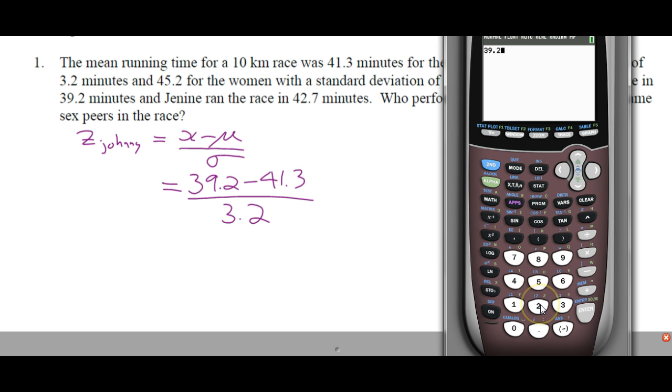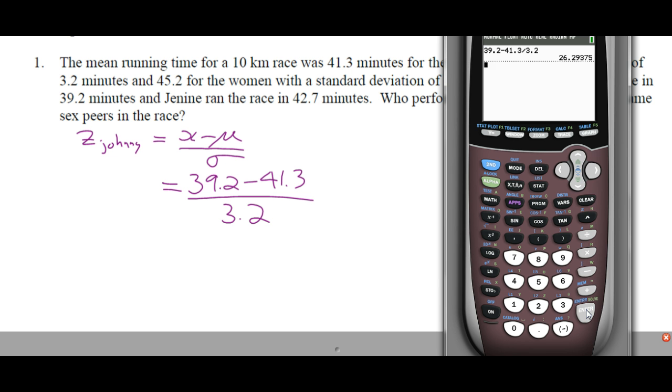If you enter it this way, you get 26.9. There is no such thing as a z-score of 26.9. I mean, there is, but it doesn't happen, right? Remember, z-scores should be between 3 and negative 3. Also, we know that his time was less than the mean, so he should have a negative z-score, right?